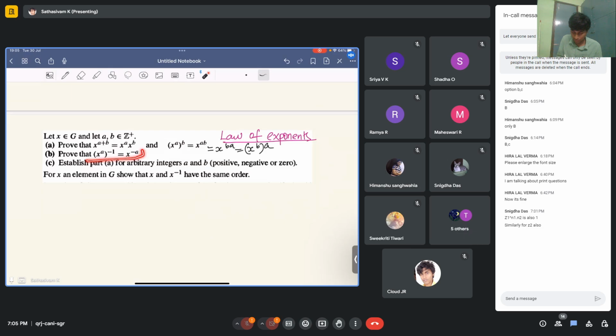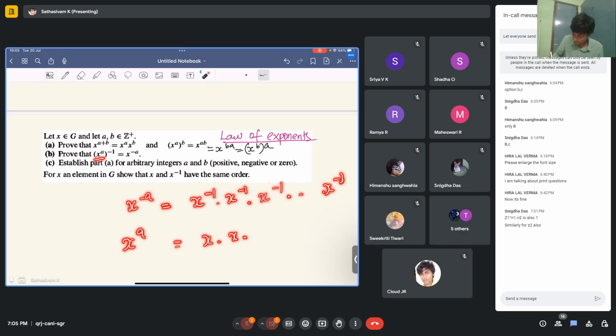By definition, x power minus a is x inverse times x inverse times x inverse, and so on. So if you take x power a, which is x times x times x, a times, and take the inverse, this is the same as taking x inverse a times.